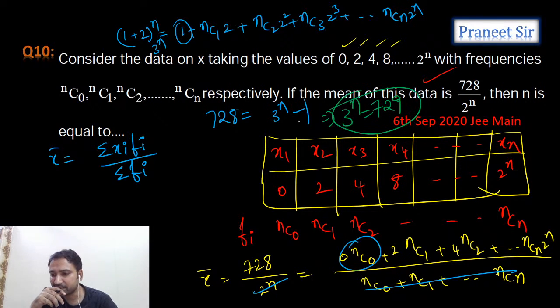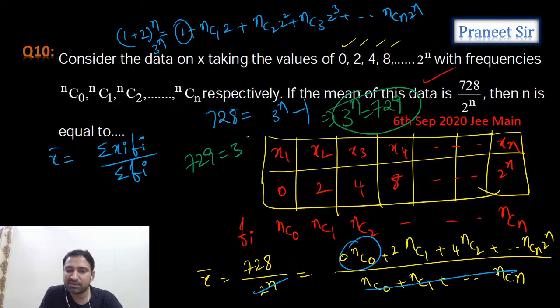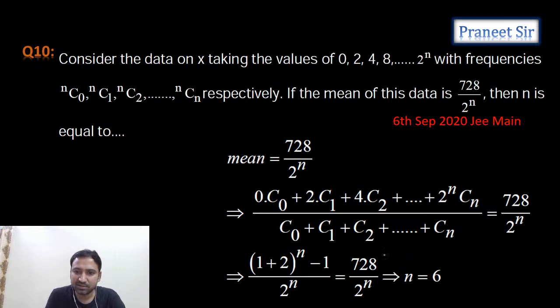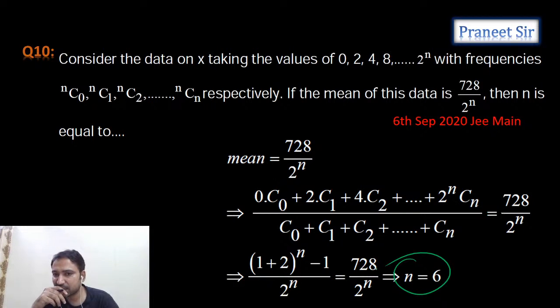What is the value of n, guys? 729, can I write it as 3 power 6? 9 cube is 3 power 6 only, right? So from this the n value is coming as 6. So n is equal to 6, guys. That's what we're getting. Clear?